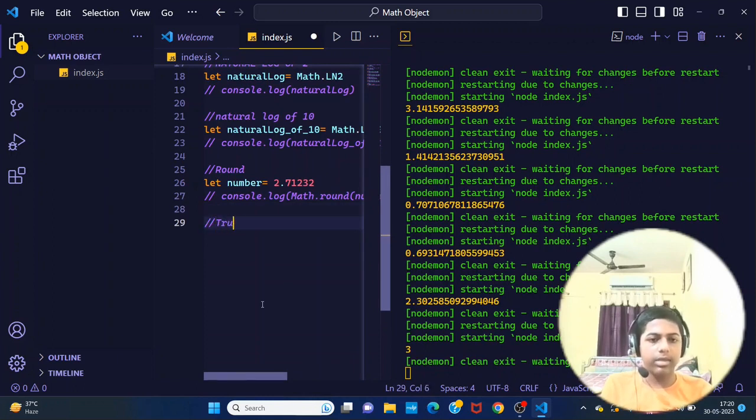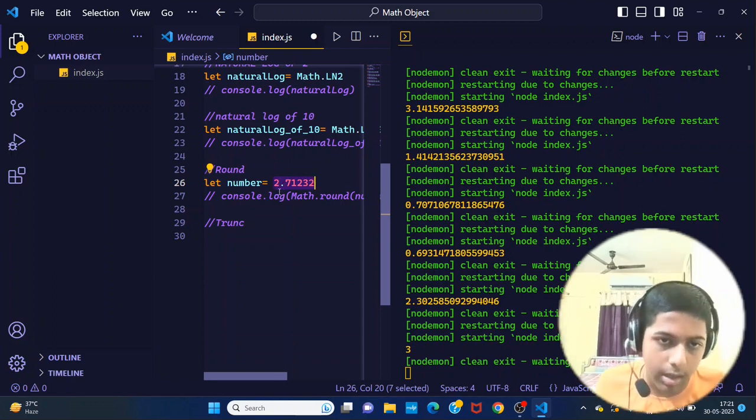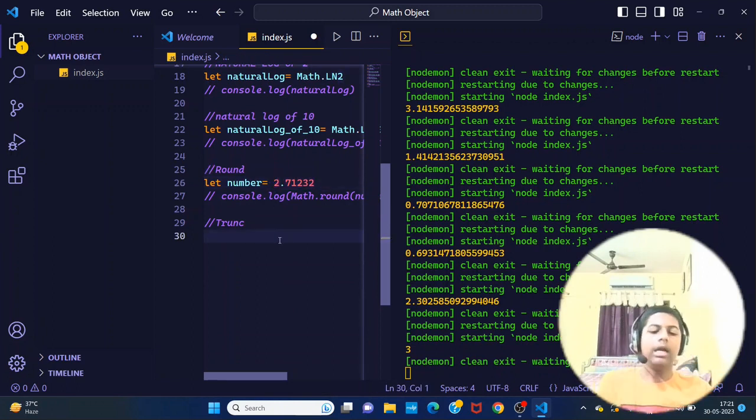After that, we are having the trunc function, and trunc is to get the integer part of a decimal, like this example, 2.713232. At this point the integer part is 2 only, right? This is the rest of the part after the decimal, but this is the part before the decimal, the integer part.